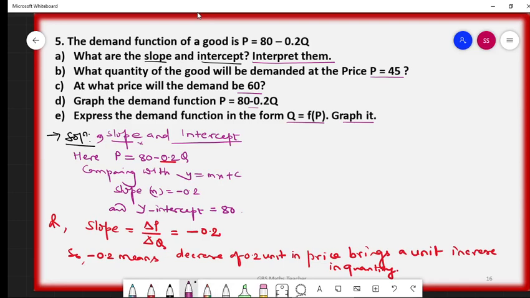And the second part is about the intercept. When quantity equal to 0, then P equal to 80, which is the vertical intercept, like this, which is the vertical intercept.